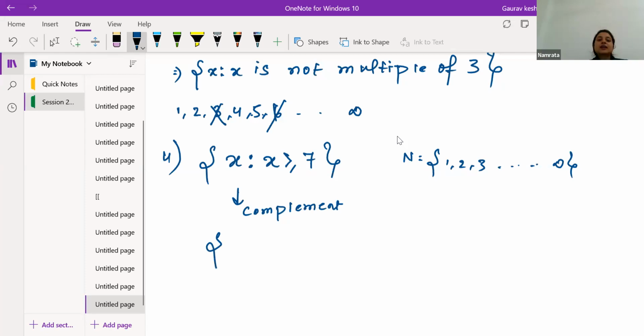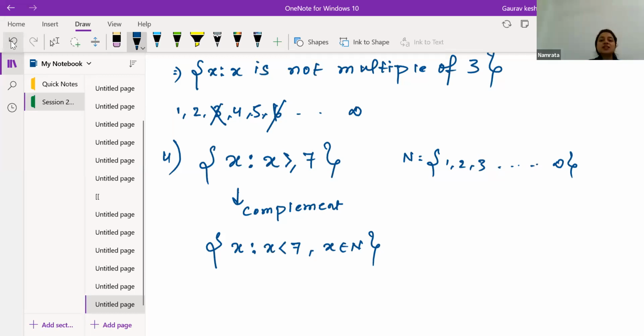If all numbers greater than or equal to 7 are there, then the remaining will be x such that x must be smaller than 7, and x belongs to natural numbers also. We can only take those natural numbers which are smaller than 7.